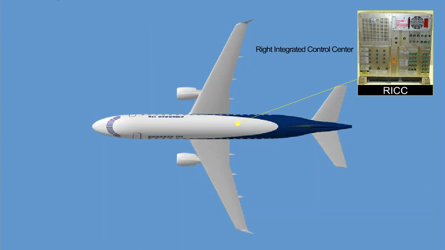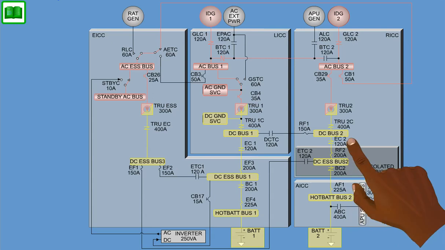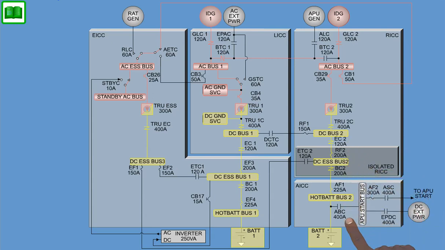The right integrated control center provides primary power distribution and protection for the main DC buses located on the right side of the airplane. The right DC buses are DC Bus 2 and DC Essential Bus 2.